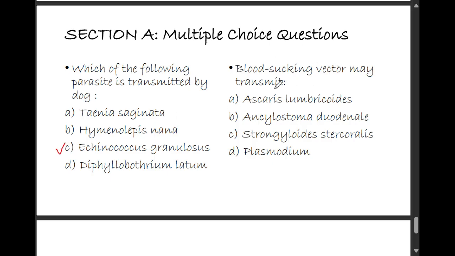Then question number 4. A blood-sucking vector may transmit: A. Ascaris lumbricoides. B. Ancylostoma duodenale. C. Strongyloides stercoralis. D. Plasmodium.